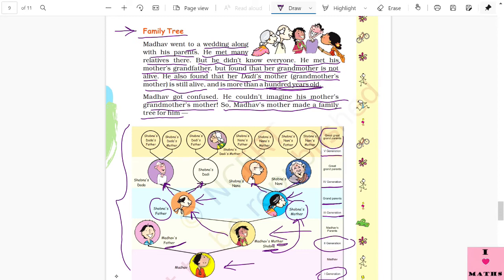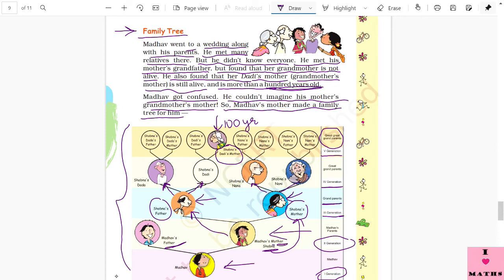It means great grandparents of Madhav. So only one person is alive, and she is Shobna's Dadi's mother. Oh my God. And you know, she is more than 100 years old. Okay. Now, based on this chart, some questions have been asked. Let us see what are those questions.